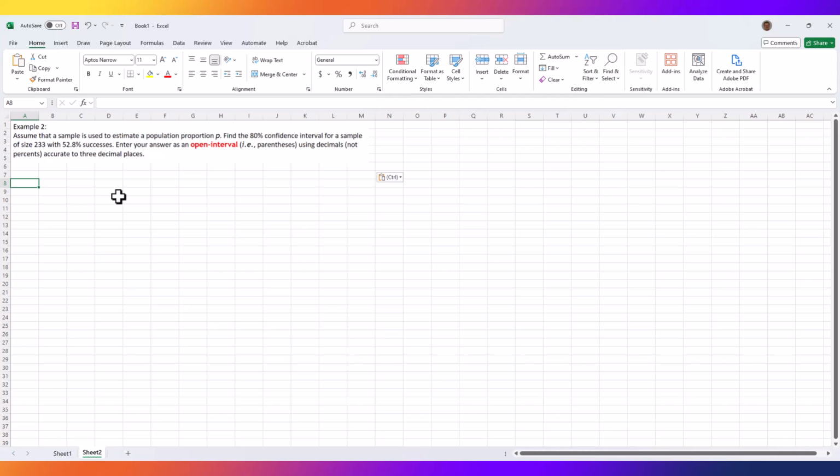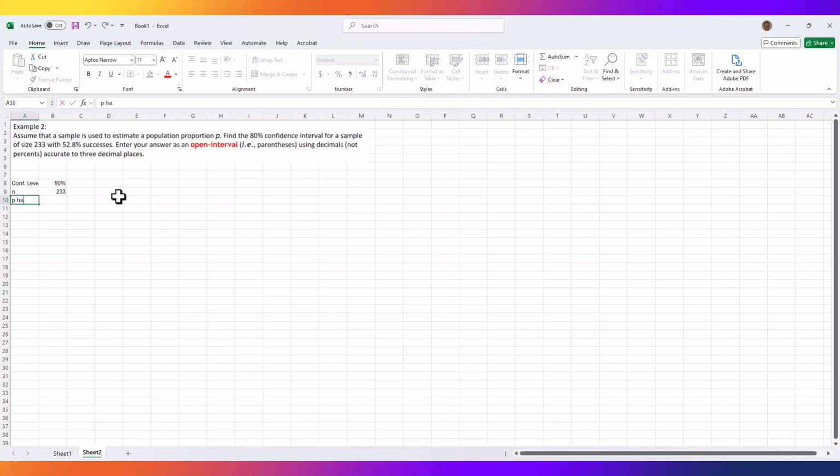So we're going to find where a sample, assume that a sample is used to estimate a population proportion P. Find the 80% confidence interval. So our confidence level, 80%. For a sample of size 233, and I really just like to figure out what we have here.